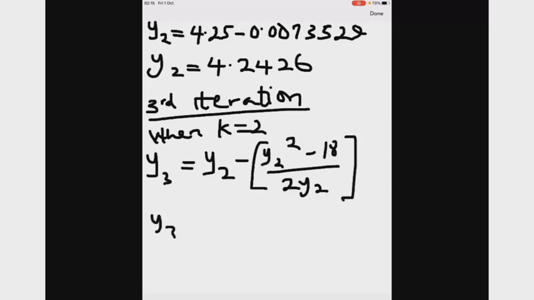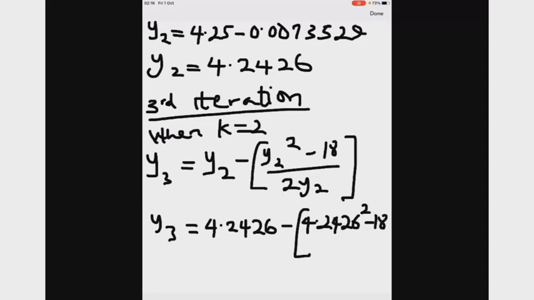So y3 equals, my y2 is 4.2426, minus my y2 squared, 4.2426 all squared minus 18 over 2 times 4.2426.